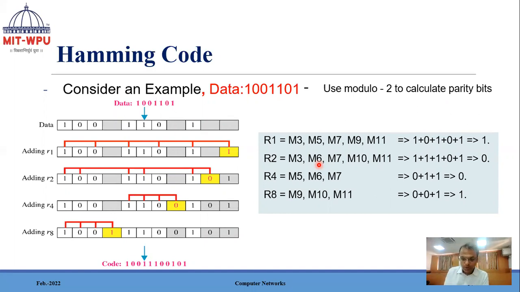And when you put these values in the code itself directly, the final code is this one. So that will have 11 bits: 7 data bits and 4 parity bits or redundant bits.